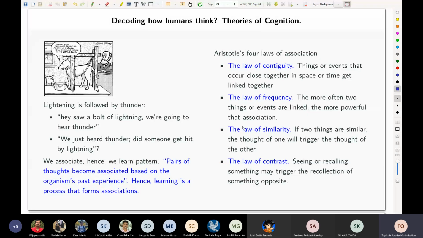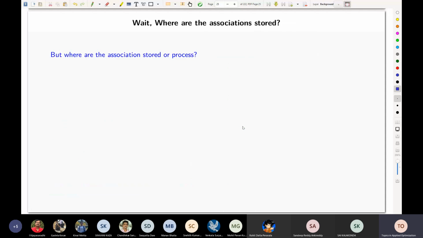That's fine. But the question is, where are these associations stored or processed? So far what Aristotle said is the law of how we may be associating things, but who is associating this? Where is the association happening?